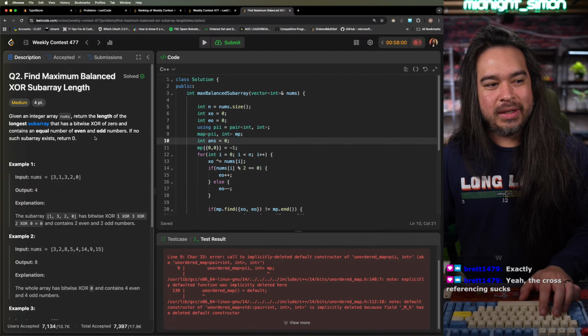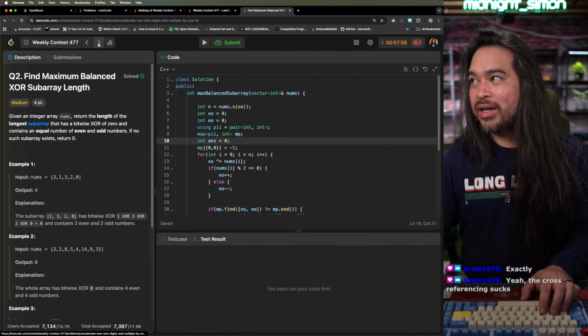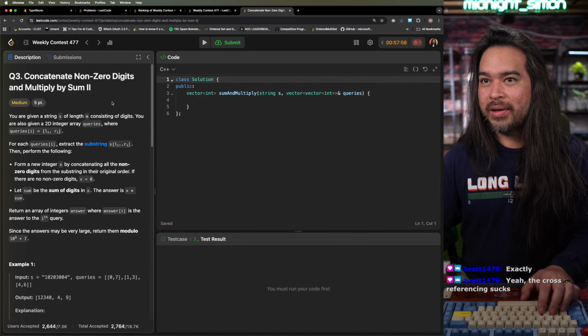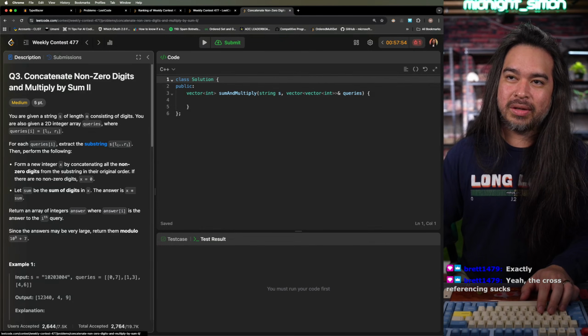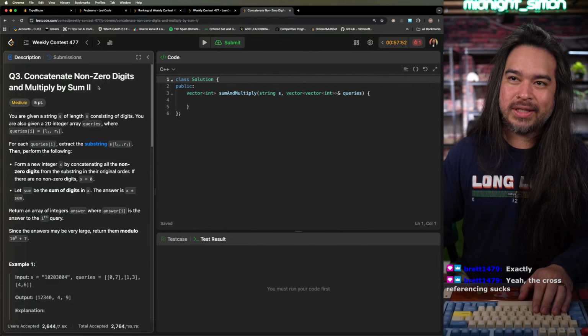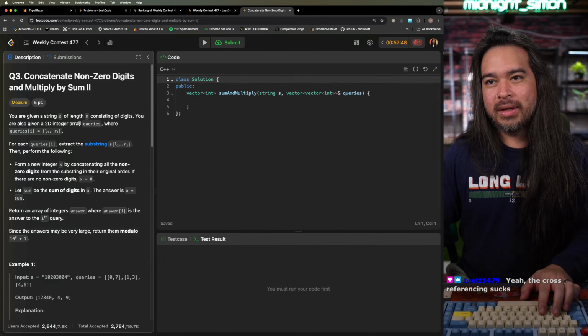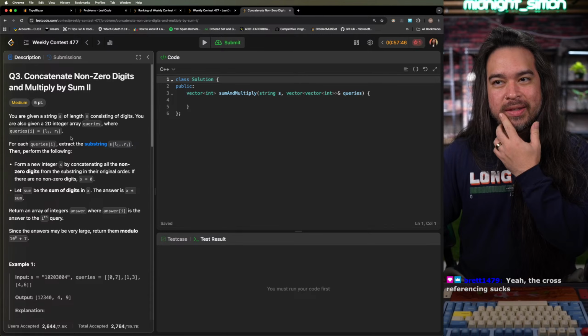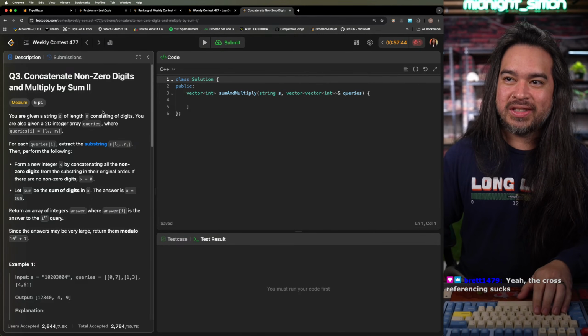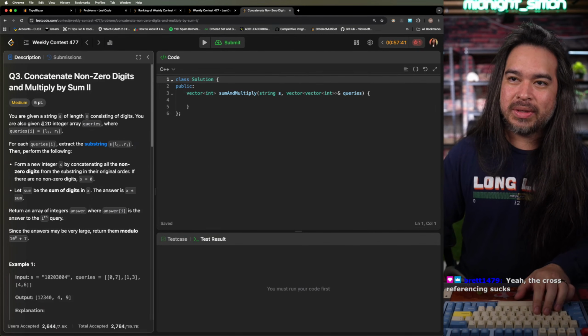All right, next we got Q3. Concatenate non-zero digits and multiply by sum, part 2. You are given a string S of length m consisting of digits. You are also given a 2D integer array queries where queries[i] is [L, R].